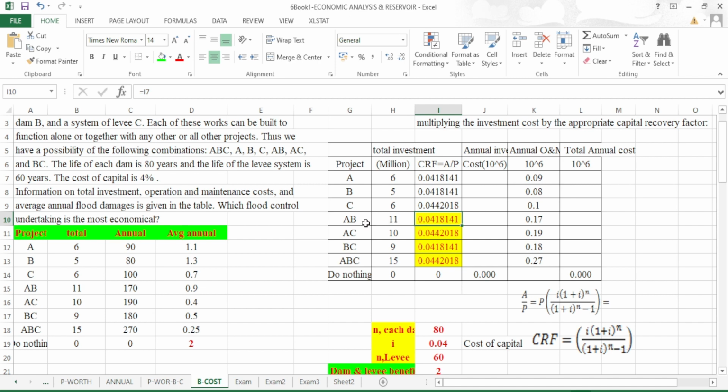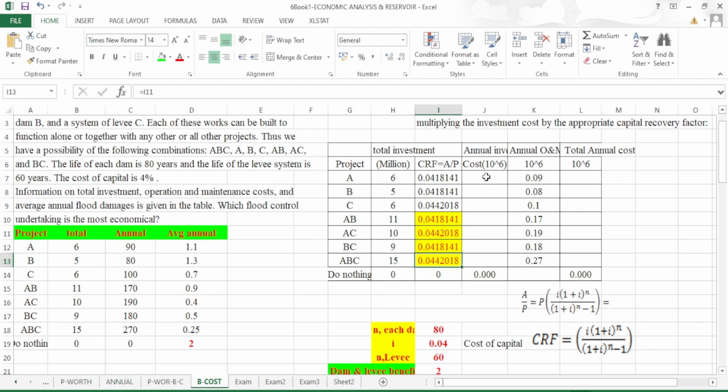Then the capital recovery factor for project AB is equal to the capital recovery factor for project A. The capital recovery factor for project AC is equal to that for project C. The capital recovery factor for project BC is equal to that for project AB. The capital recovery factor of project ABC is equal to that for project AC.